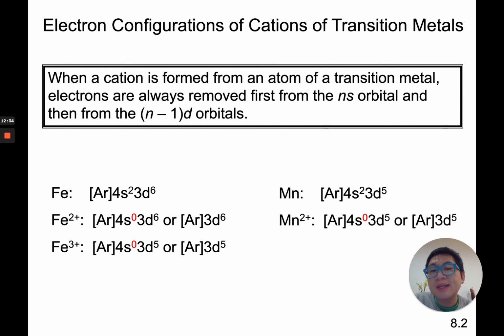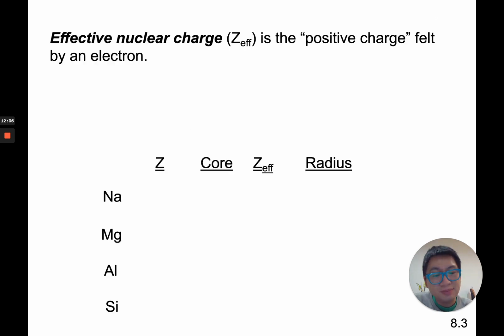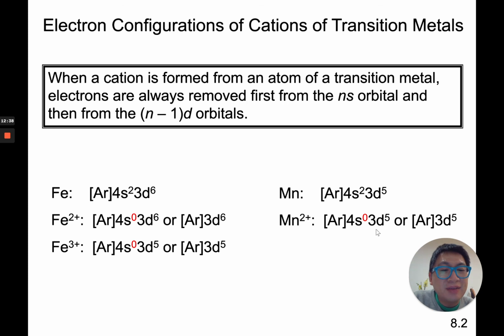If it was manganese +4 ion, oops, I don't have that written, but if it was manganese +4 ion, we'll remove 2 from here and then 2 more from d. It would be argon 3d3. I thought I had it written, but apparently not. Okay, so we'll just pause this here.